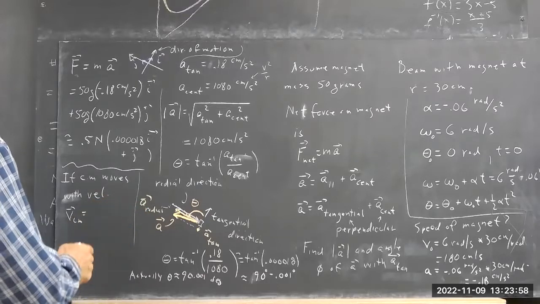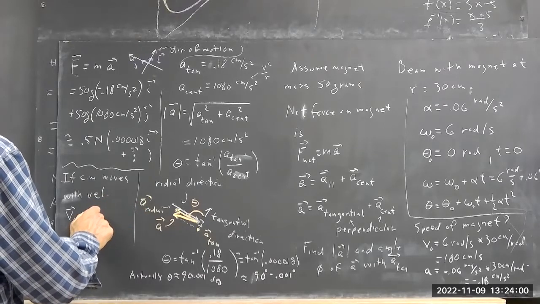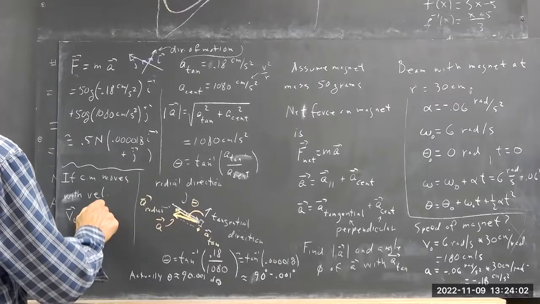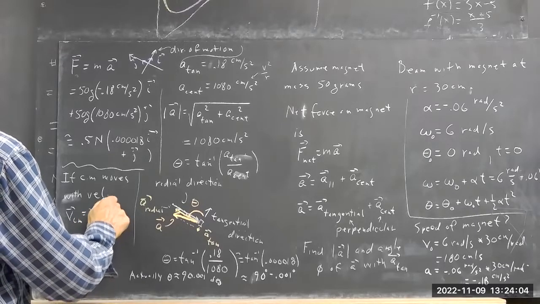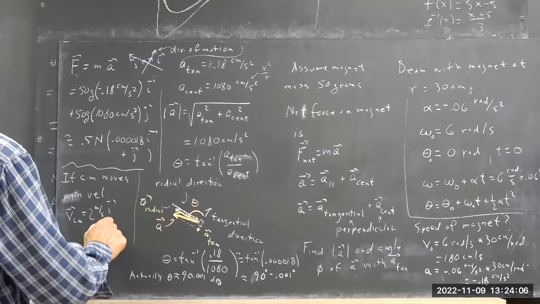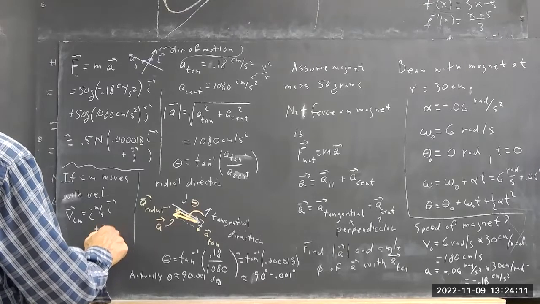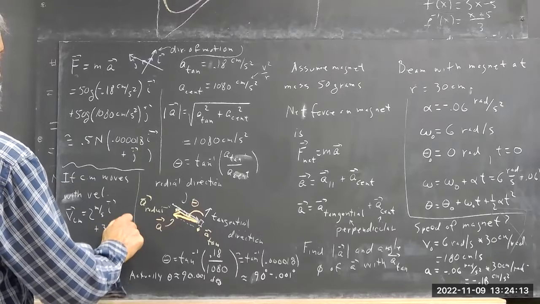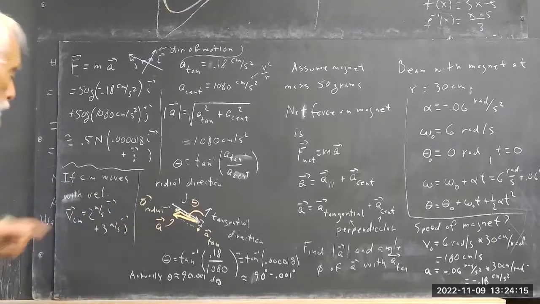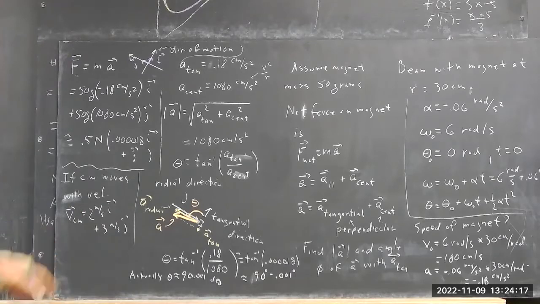Let's say the velocity of the center of mass is 2 meters per second I plus 3 meters per second J. How are you going to get the velocity function?